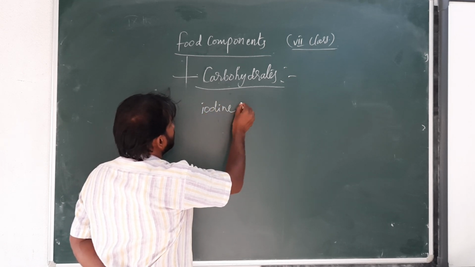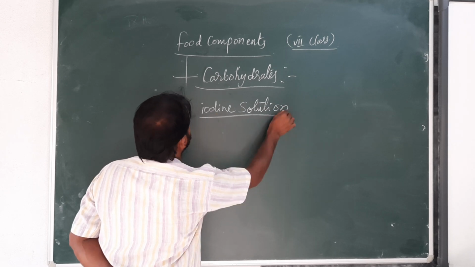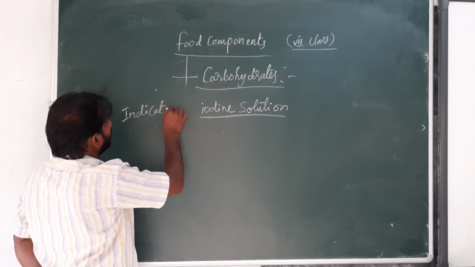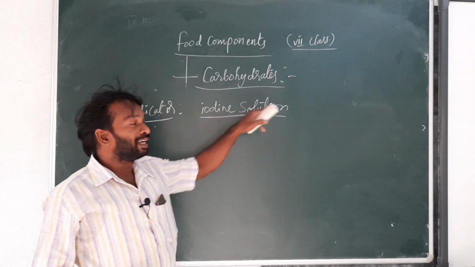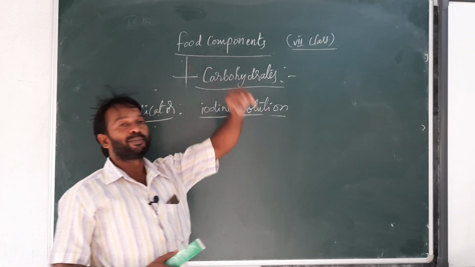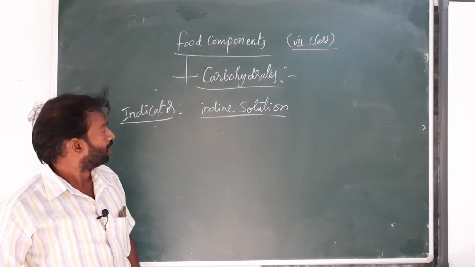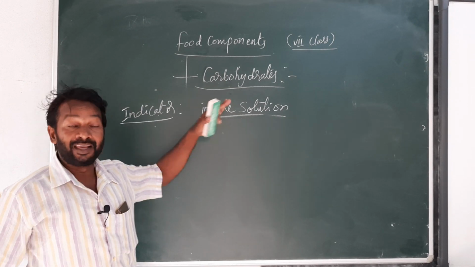We use this iodine solution indicator to test the presence of carbohydrate in a given food sample. First we have to prepare dilute iodine solution.